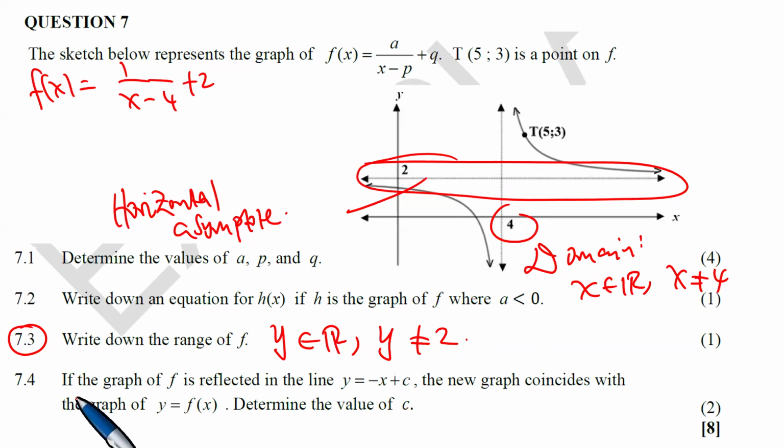If the graph of f is reflected in the line y equals minus x, the new graph coincides with the graph of y equals f of x. Determine the value of c. Let's look at that one.